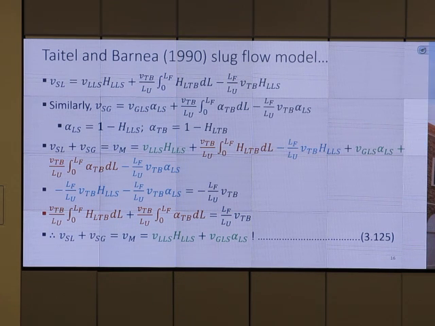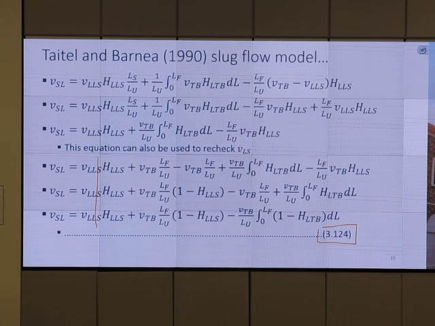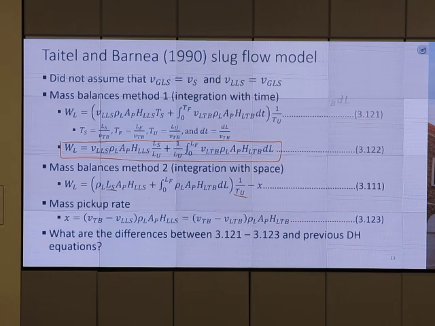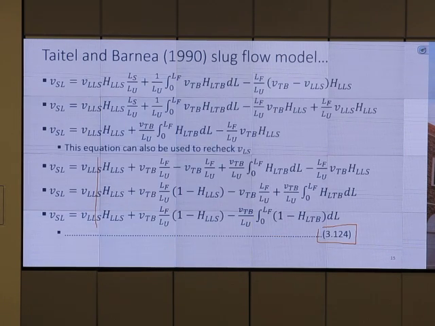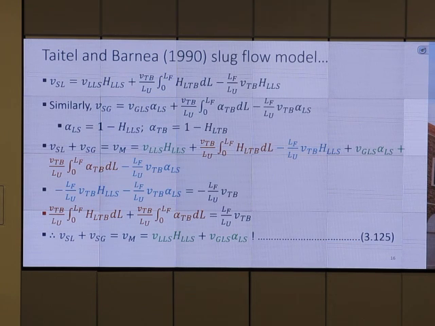Okay, next part, I try to show you that when we do the overall mass balance, at the end what we get is V mixture equal to VLLS multiplied by HLLS plus VTLS multiplied by alpha LS.